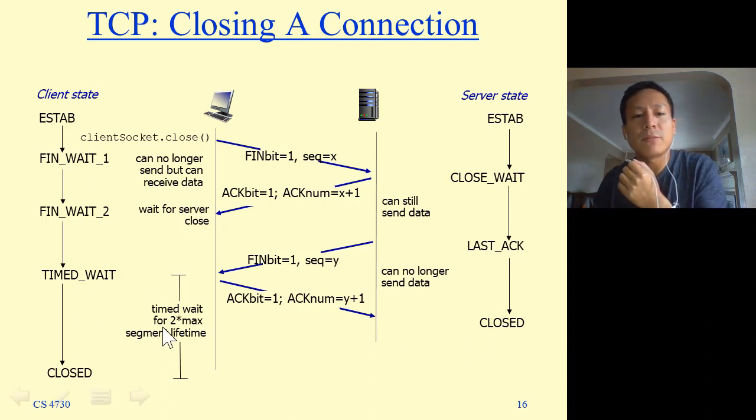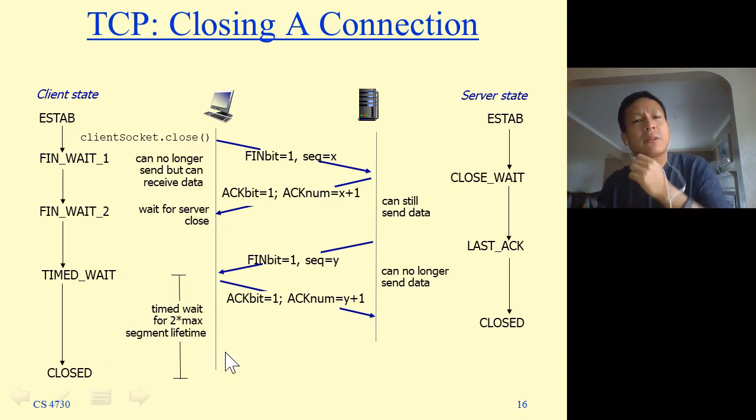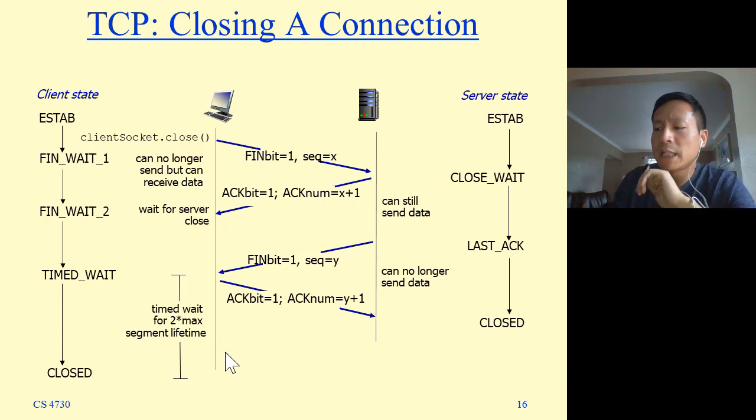All right. So after that, you can pretty much show that it has been closed from both sides. All right. So actually, this is not a very simple design. For TCP connections, there are a lot of issues that need to be resolved.